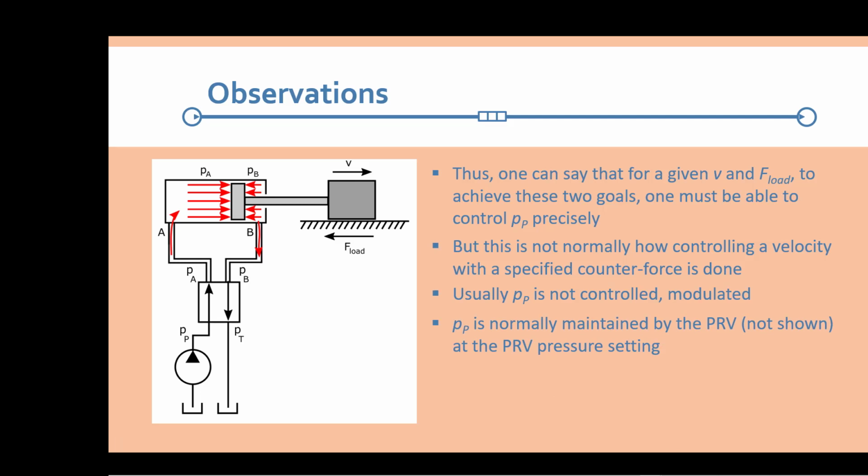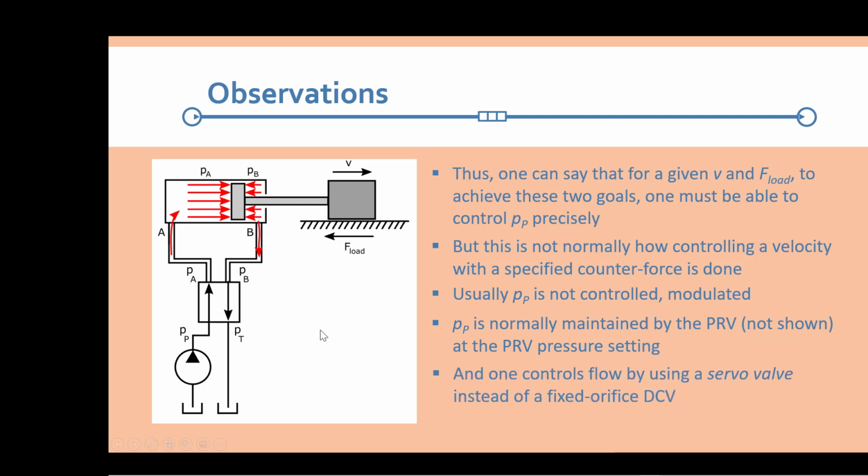What happens is PP is set by the pressure relief valve in the circuit, which is not shown here for simplicity, but there's a branch that comes off of this discharge line of the pump that goes back to tank, and it has a pressure relief valve in it, and the setting on that pressure relief valve is the maximum pressure setting in the circuit.